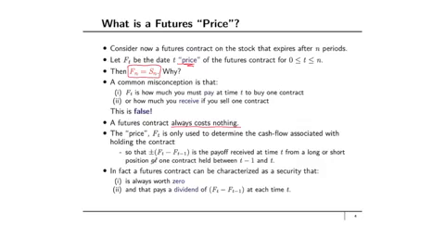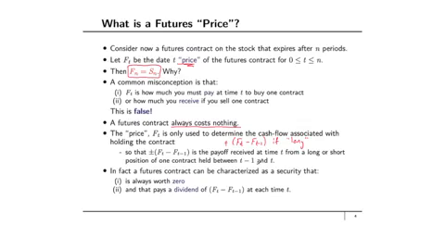So it would be plus (Ft minus F(t-1)) if we were long or we owned one futures contract, and it would be minus if we were short or we had sold one futures contract between times t minus 1 and t. So in fact, some people will often characterize a futures contract as follows.